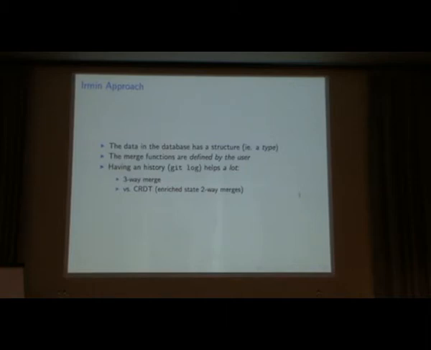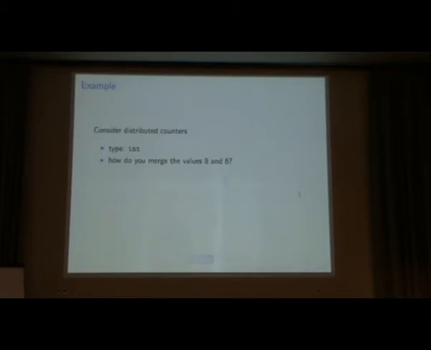That means we have the common ancestor of the data, the different forks, and then we want to converge back to the merge. A quick example: consider distributed counters, which are of type int, and I ask you, how do you merge the values 8 and 6? What is the result of that merge? Someone has any idea? 8, 14. Yeah, 14. Good answer.